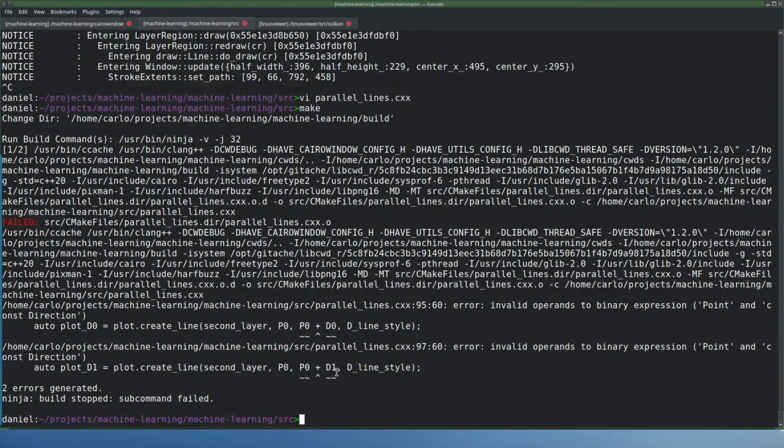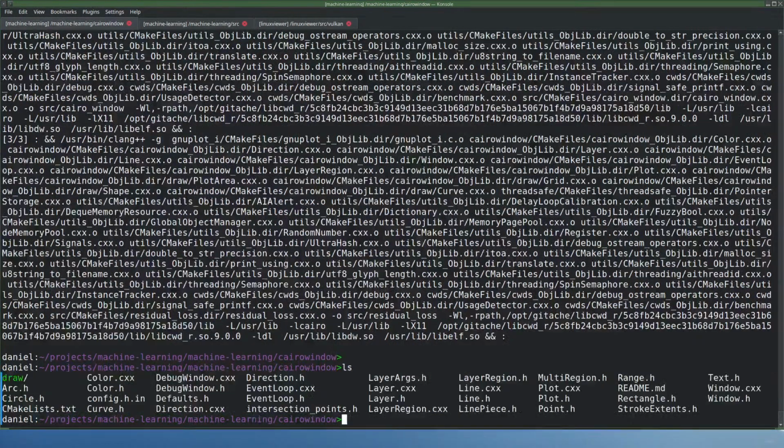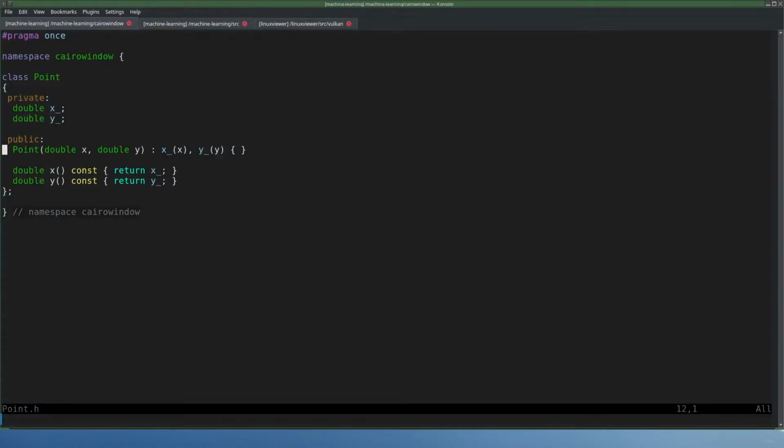Yep. So let's add that. Point, let's do point plus direction. So point operator plus direction.